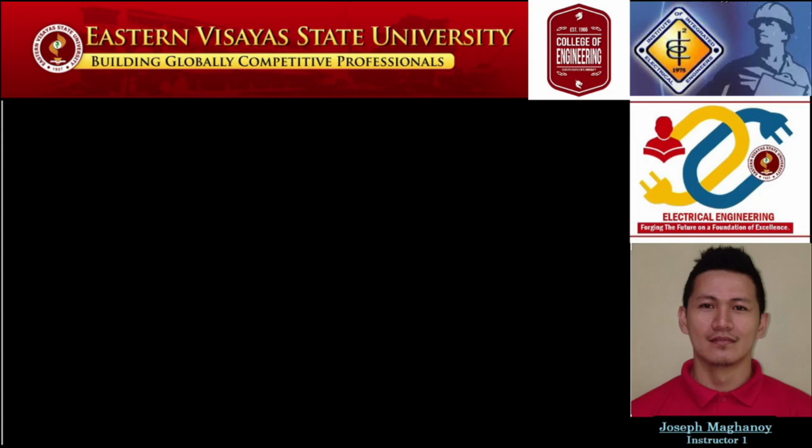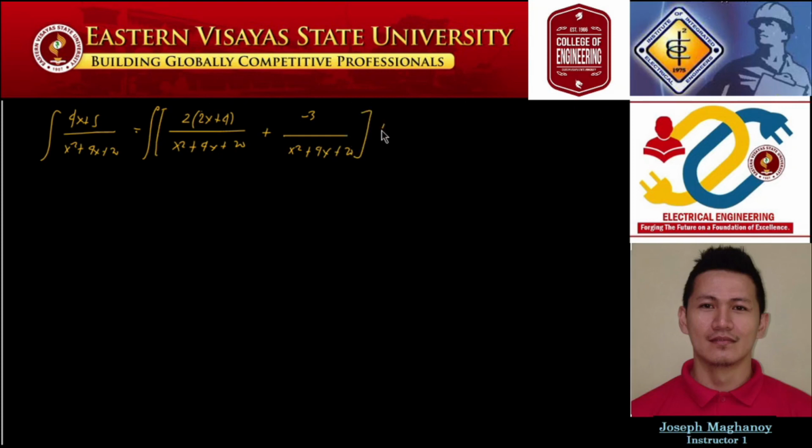So this is the integral of 4x plus 5 over x squared plus 4x plus 20. This is 2x plus 4 over x squared plus 4x plus 20 plus our negative 3 all over x squared plus 4x plus 20, integral bracket and our dx.